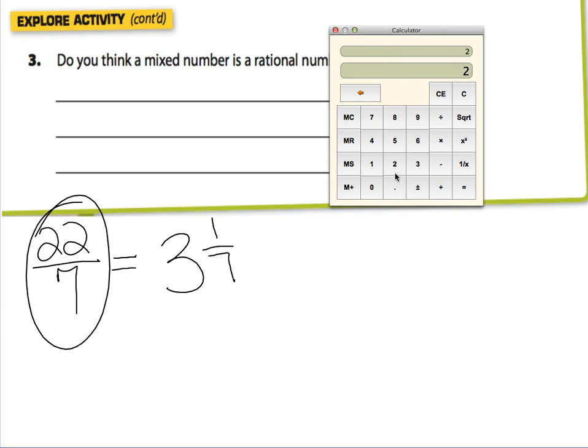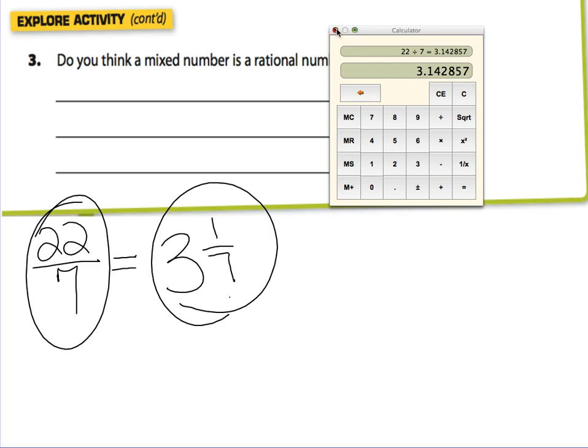So like actually if I do this and show you 22 divided by 7, you'll recognize this number here kind of looks like pi. Well, it is pi, and pi goes on forever, making it irrational. So this mixed number here, even though it might have looked like it was rational, is not. So you have to be careful with your calculator and know that my calculator doesn't always tell me the truth. This is why we have to use the long division.